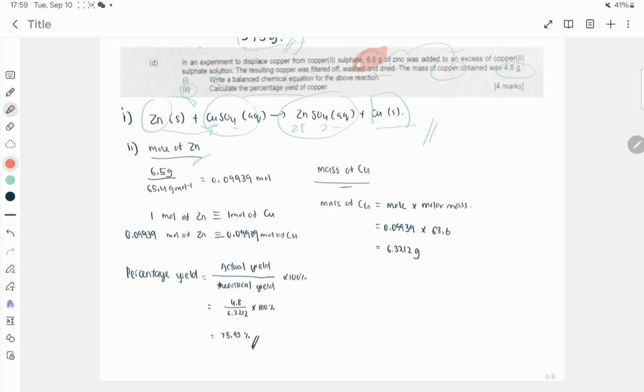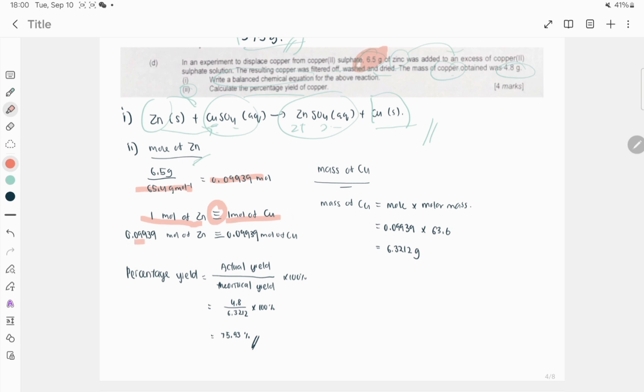So we need to divide by the molar mass of the zinc, so we will get its mole. Then we know that 1 mole of Zn reacts with 1 mole. This sign is very important, like react or produce. It will produce 1 mole of Cu.